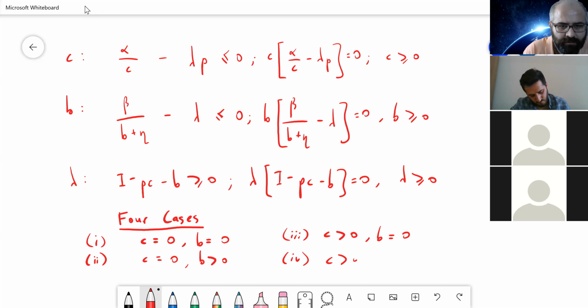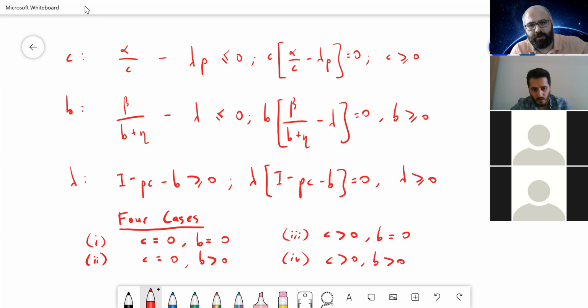And 4, both of them strictly greater than 0. Okay? Now, exactly at this point, you should be seeing that 2 of them cannot be solutions. Can you explain why? Can somebody explain why?